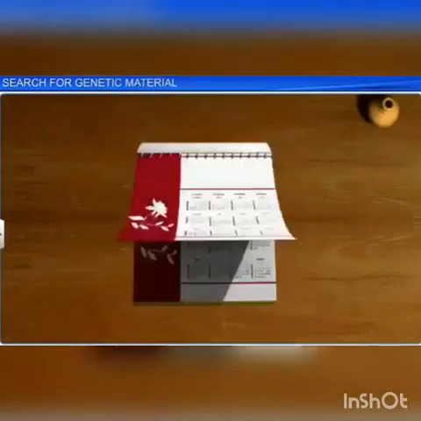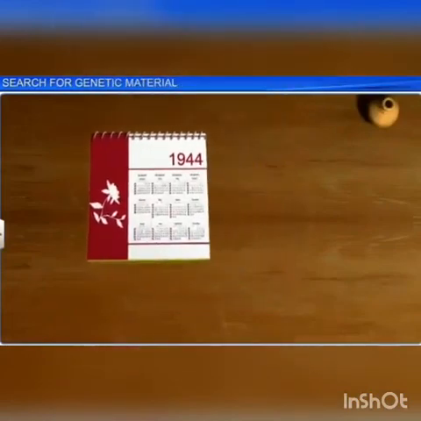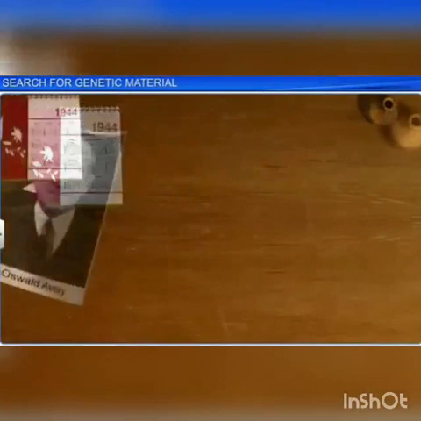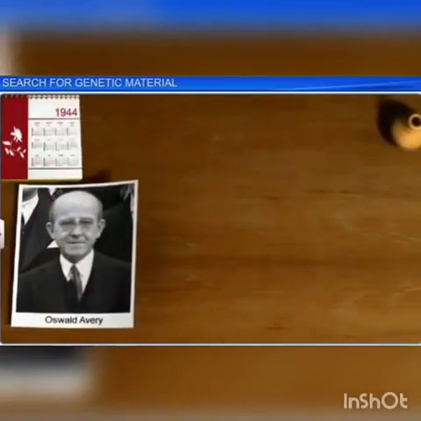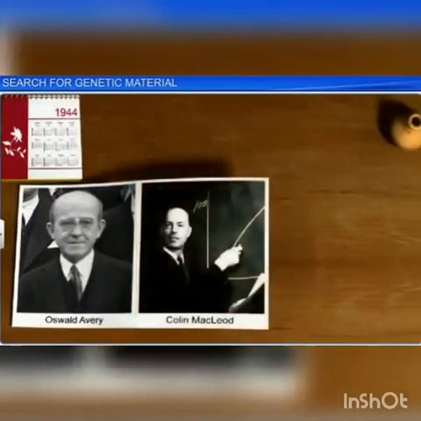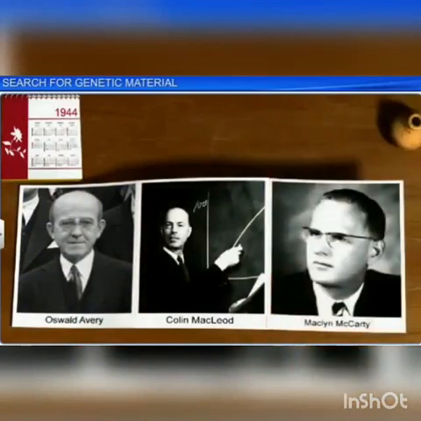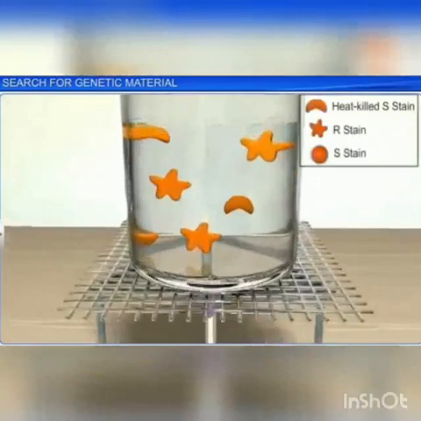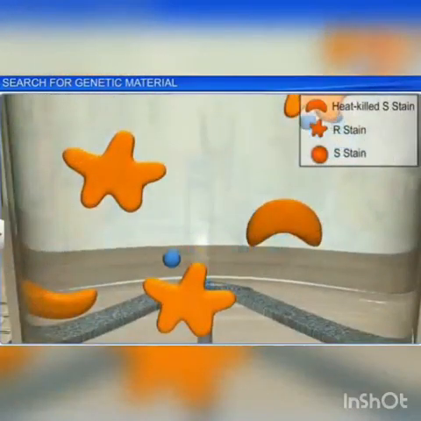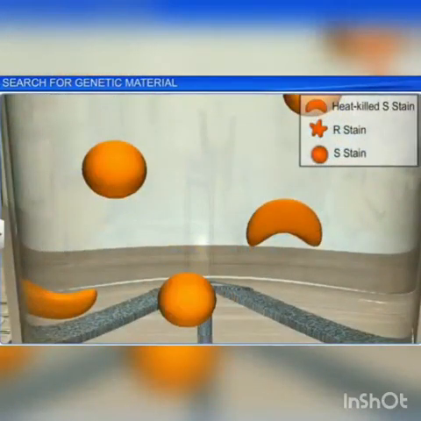Later, after 16 years, in 1944, three scientists, Oswald Avery, Colin MacLeod, and Maclyn McCarty, once again began the experiment conducted by Frederick. At that time, they tried to identify the biochemical nature of the transforming principle of Frederick's experiment.